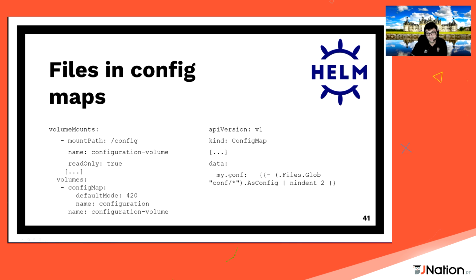For instance, here I said this myconf. I put all the files stored in this folder, which is available in my Helm chart. By using that, I will get all the files stored in this directory, and this file will be available in this config directory. So my application could get this file then.